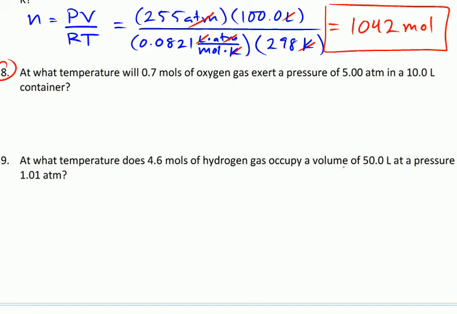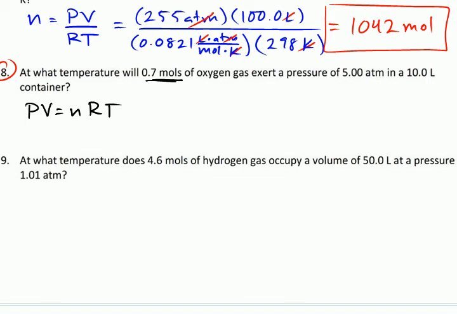We're not even heating it, it just says at what temperature will these conditions be true. So again, this has nothing to do with change. There's no initial or final conditions. So we know we're going to have to use the ideal gas law. PV equals nRT. Another tip is that we're looking at moles.